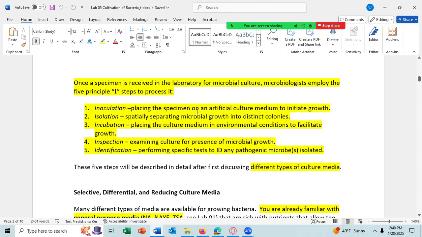And obviously, this is after you've got it into distinct colonies and are growing it out. And then four, inspection, examining the culture for the presence of microbial growth. And then five, lastly, identification, performing specific tests to ID any pathogenic microbes that have been isolated. So the five steps will be described in detail after discussing the different types of culture media.